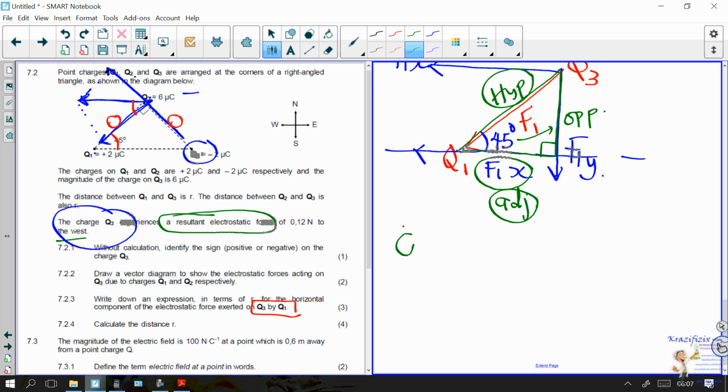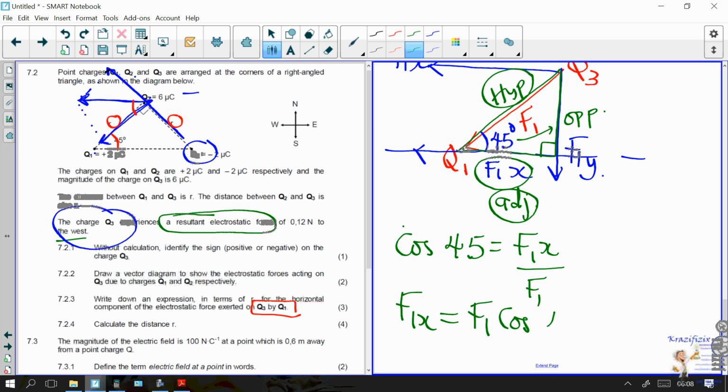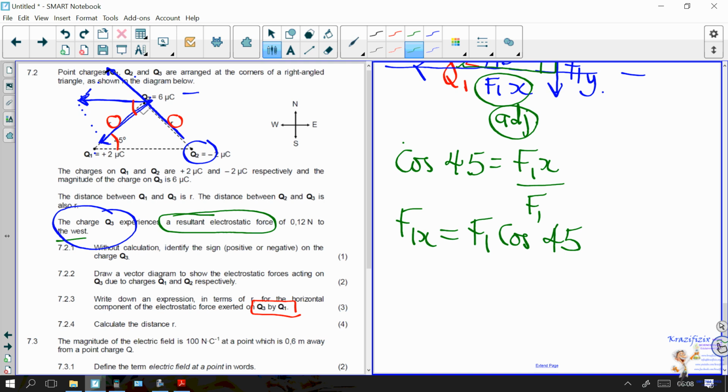So, I can simply deal with cos 45 equals adjacent F1X over F1. So, what is my F1X, which is my horizontal component? F1 cos 45, where F1 is the force between Q1 and Q3. And remember what we got?